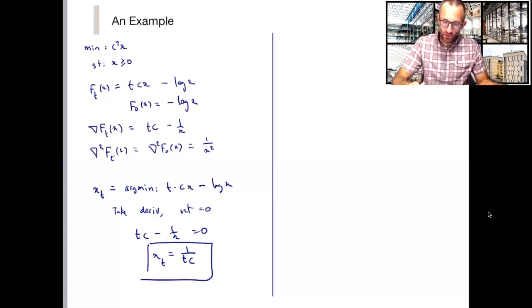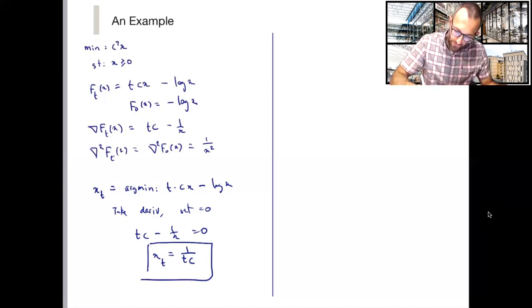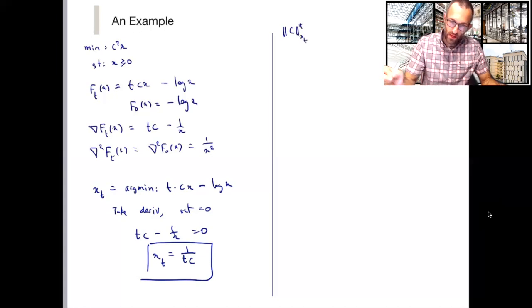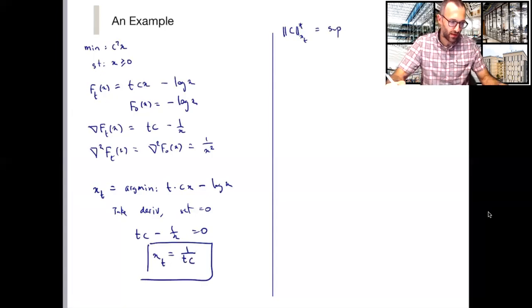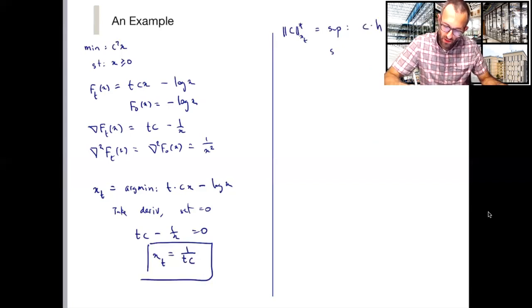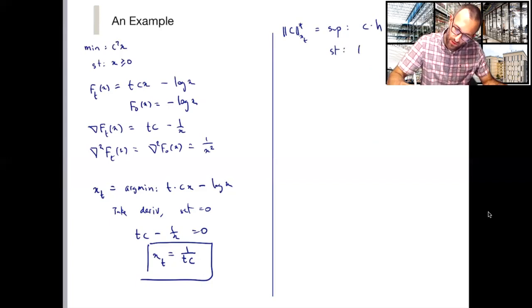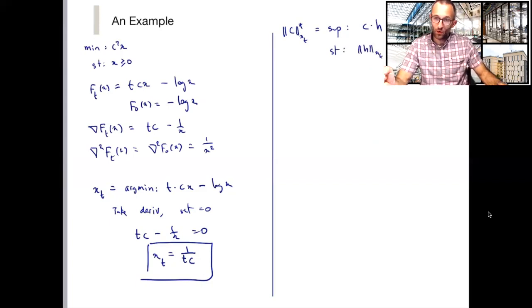Okay, so now let's compute the dual norm. What is c, the dual norm at xt? So this is, again, that same calculation that we had before, but it's a little bit easier in this case. It's a supremum of c times h, subject to h in this local norm, not the dual norm, less than or equal to 1.